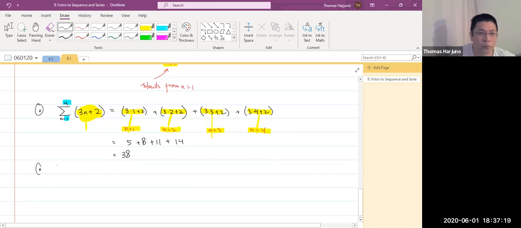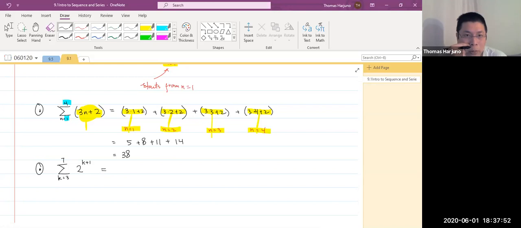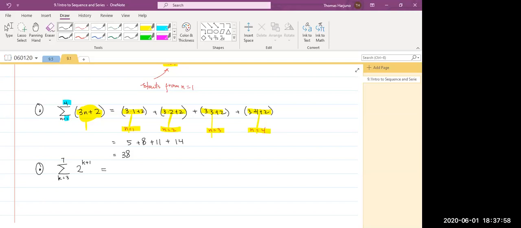Suppose I have the summation k equals 3 up to 7 of 2 to the k plus 1. So if I have that summation, I start with k equals 3 up to k equals 7.